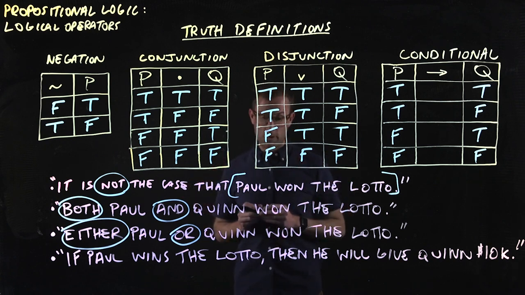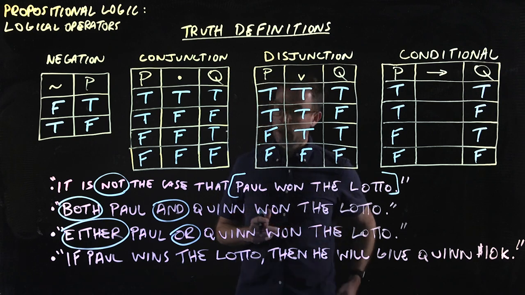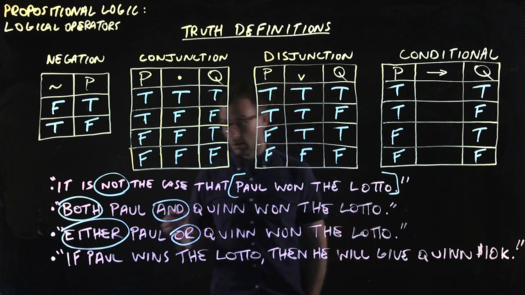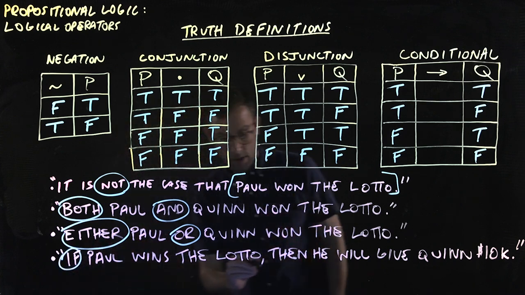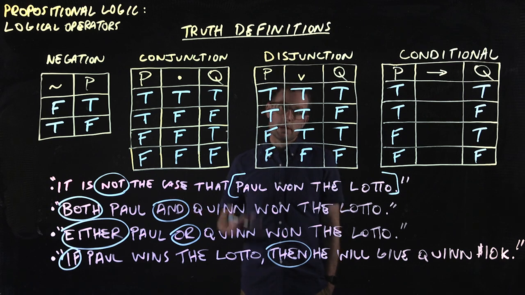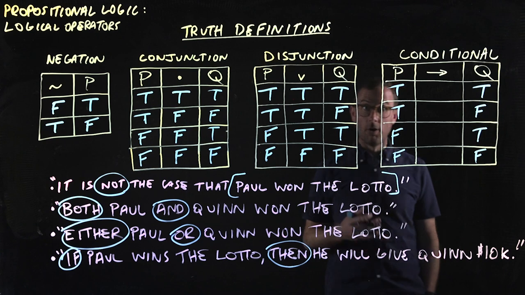Conditionals, the fourth and final logical operator here. Now, of the logical operators, the conditional, the if-then proposition, is the trickiest. But I think that this example shows us in a really nice way how conditionals work and how to determine when a conditional is true or false. Right?